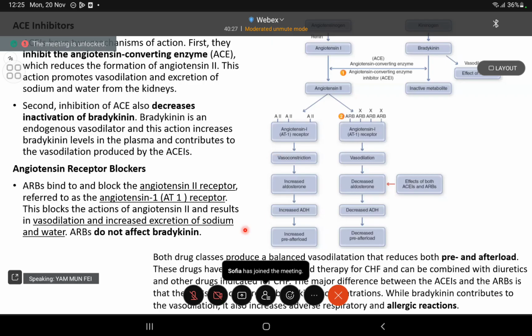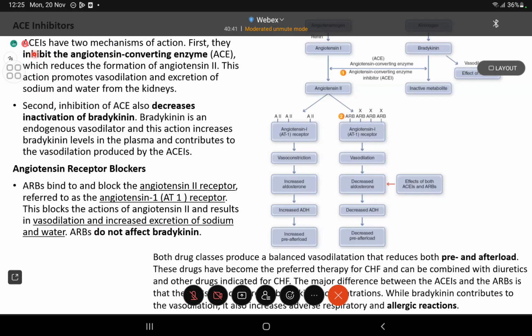Another thing I want to remind you: ARB does not affect bradykinin, which we discussed last week, isn't it? ACEI decreases the inactivation of bradykinin, meaning that bradykinin will stay a longer time in your body.